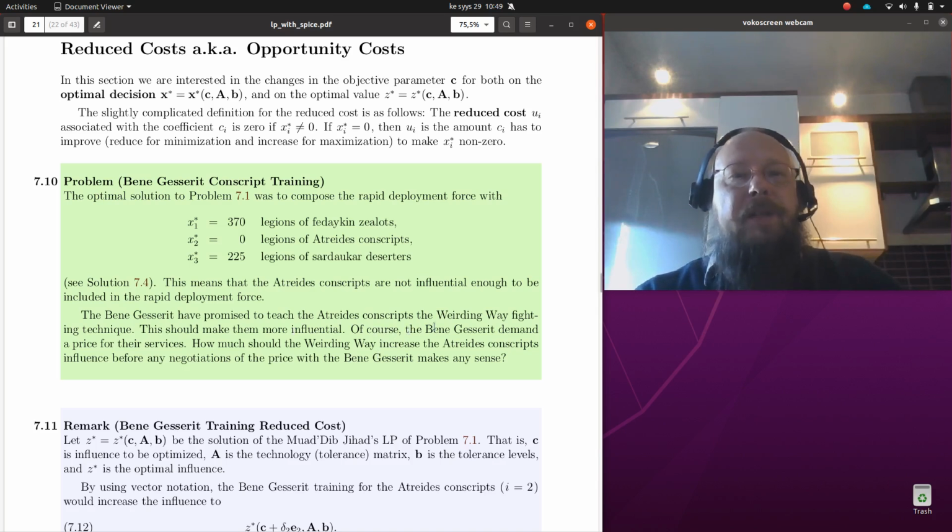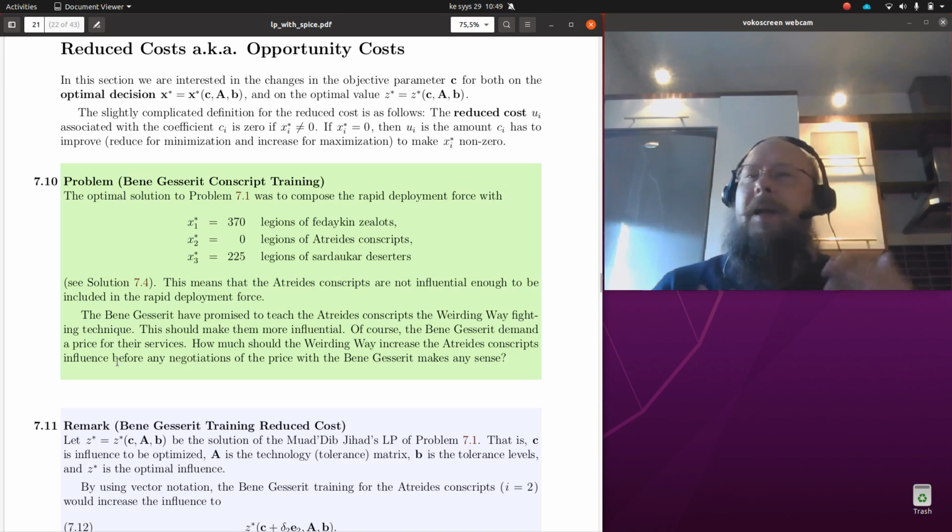So the Bene Gesserit will demand a price for their service. Let's not go to the price, whatever it is. Let's say that there is a price to pay. And the question is not how much to pay. The question is how much should the Weirding Way increase the Atreides conscripts' influence before any negotiations of the price with the Bene Gesserit make any sense.